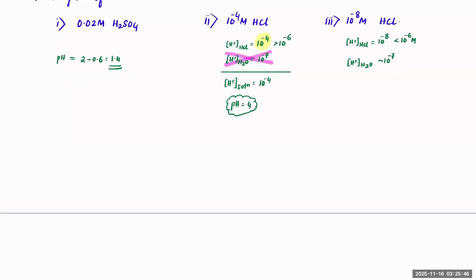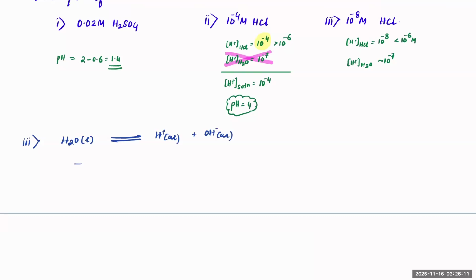So we are solving it for the third part. Everybody look into that area. You know that H2O liquid is in equilibrium with H plus ion concentration and OH minus ion concentration. Correct?